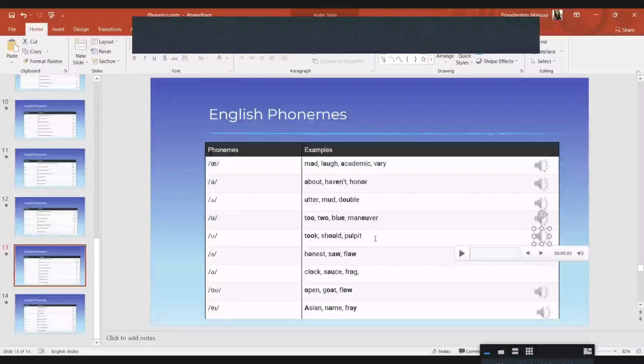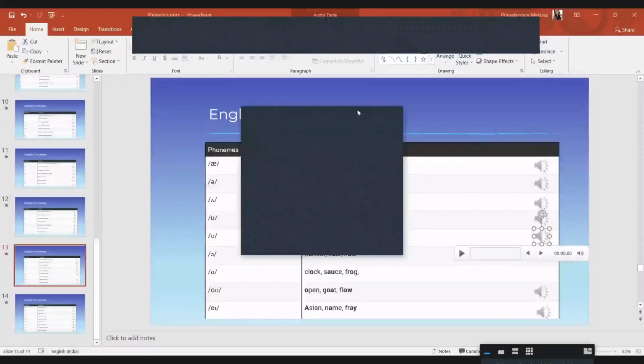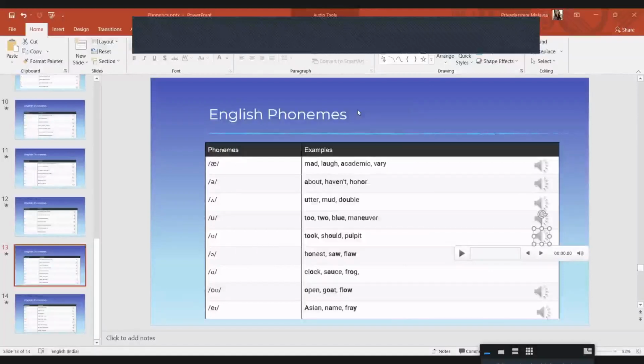So took, should, pulpit. These are a shorter oo, so it's not the oo like the one above: two, blue, maneuver. This one is more of a shorter oo.